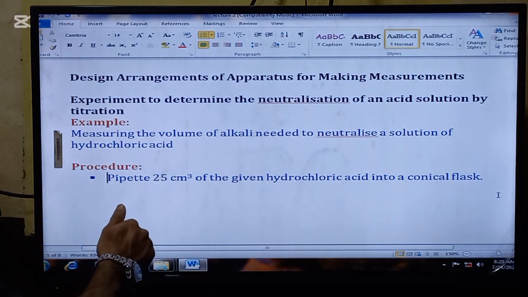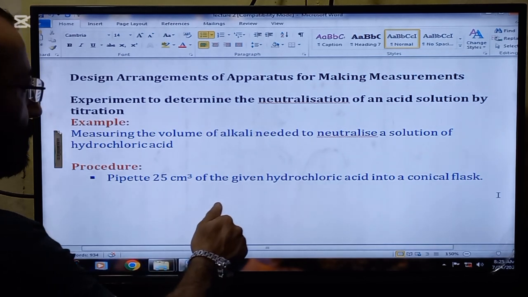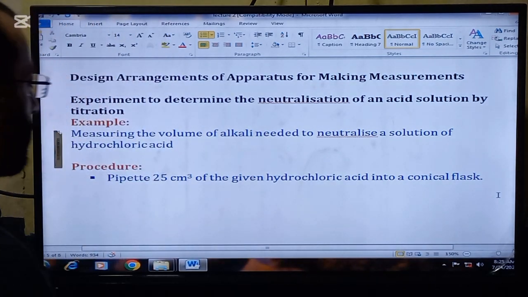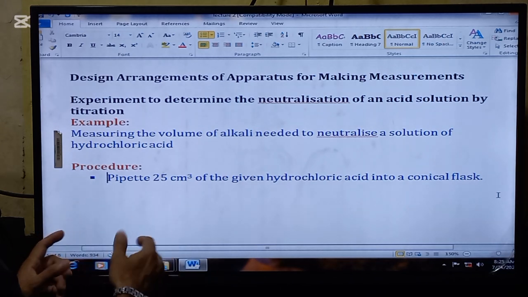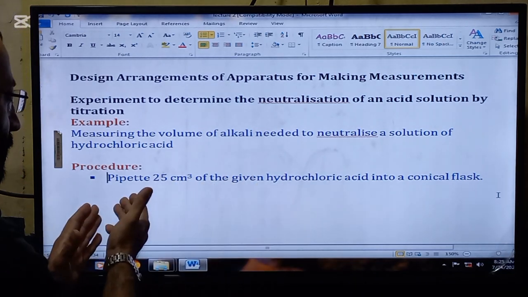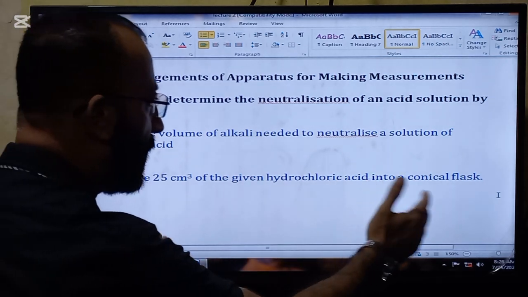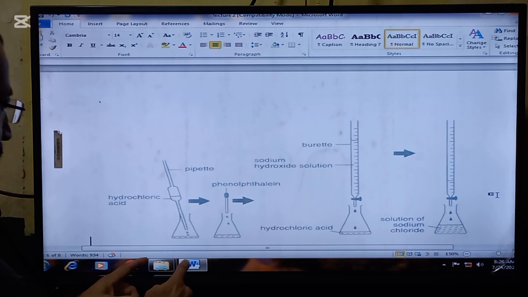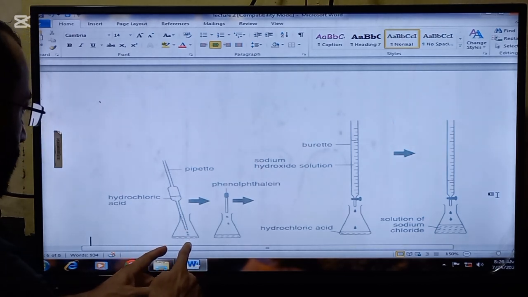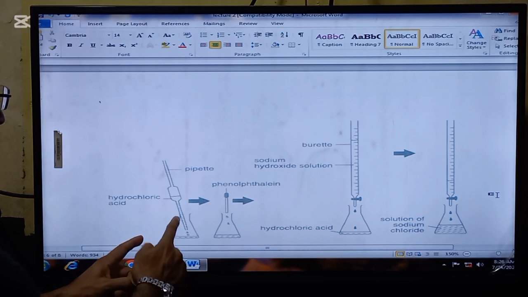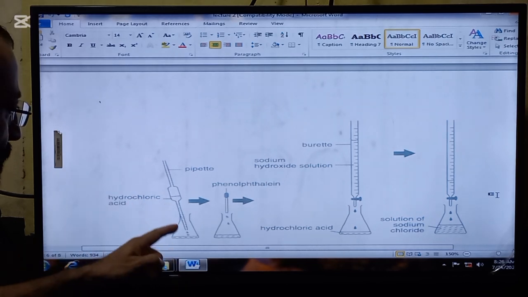The procedure is: pipette 25 cm³ of the given hydrochloric acid into a conical flask. So we will measure 25 cm³ of the hydrochloric acid with a pipette and put it into the conical flask. Here is the figure you can see. Here is the conical flask and here is 25 cm³ of HCl being put in through the pipette.